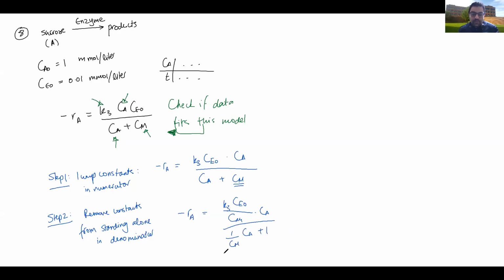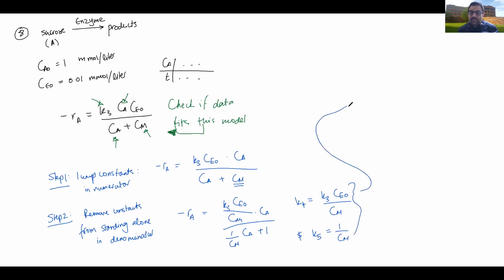Okay, so I basically divided by CM, and now I'm going to define two constants. Let K4 be equal to K3 CE naught divided by CM, and let K5 be equal to 1 over CM, right?